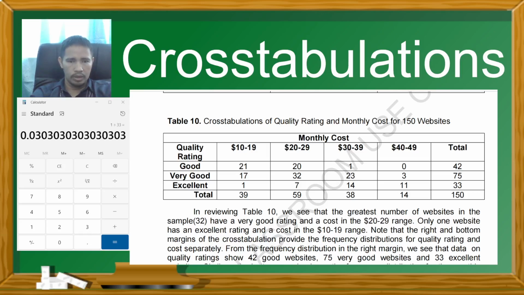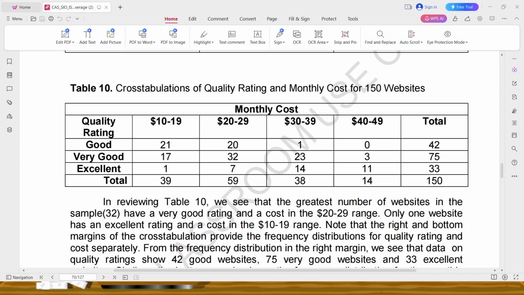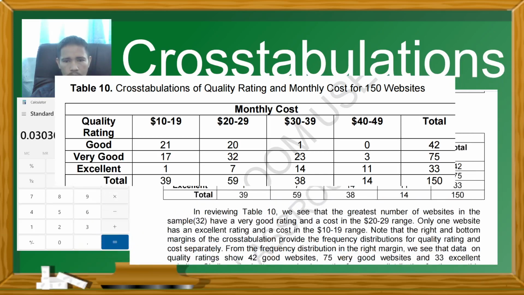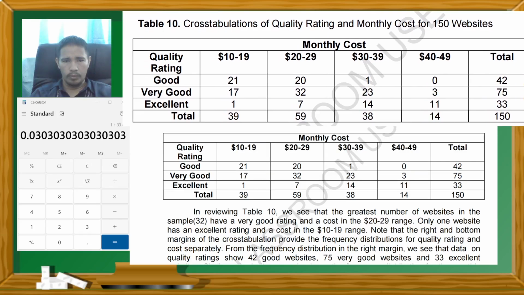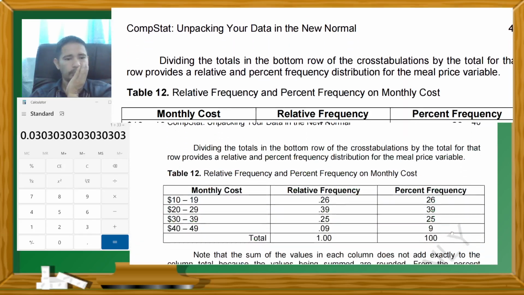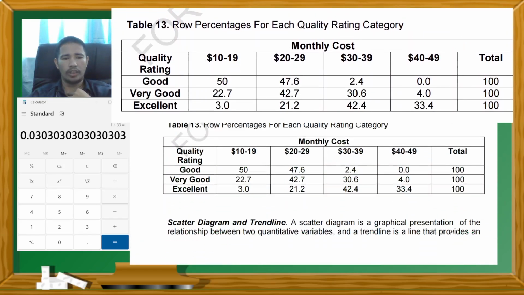Capture, MS Paint. Okay, so let's try to drag the correct answer. Okay, there you go.